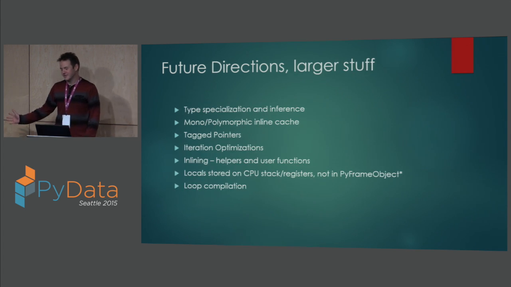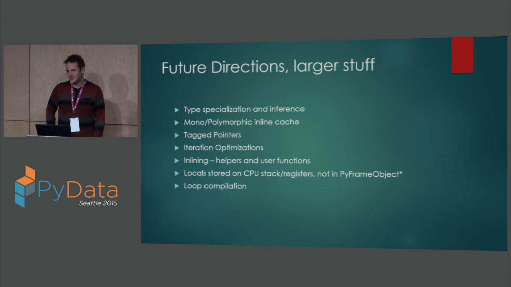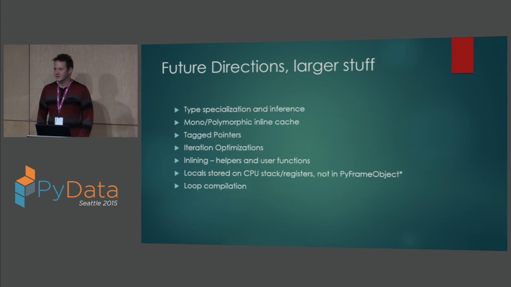There's larger stuff. So type specialization: if we look at the values that are coming in, if they were ints, we could generate simple int addition, check for overflow, and return a new int rather than dealing with a bunch of Python objects. As that expands, it becomes a more important optimization, and doing inference to detect all of that. Mono and polymorphic inline caches are something that we used a lot in IronPython.